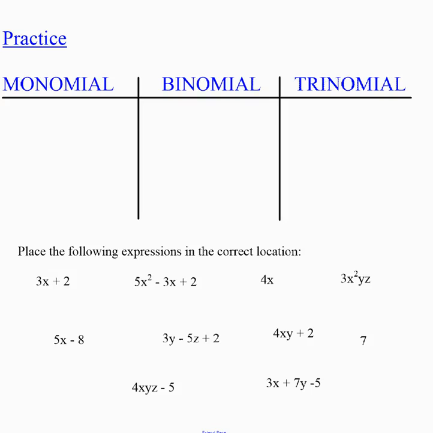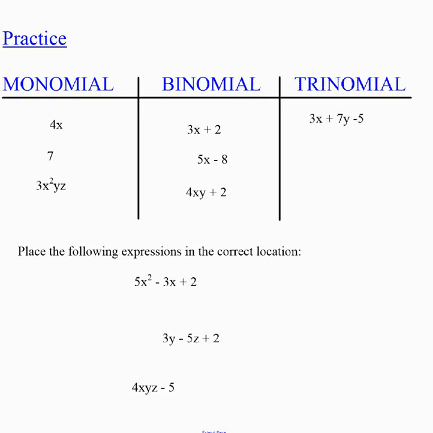So monomials, we're looking for things with only one term, which means they don't have any plus or minus signs. So that one, it's not about how many letters it has, it's about how many terms it has. That one's binomial, that one's a binomial, and then trinomial, and I missed that binomial.